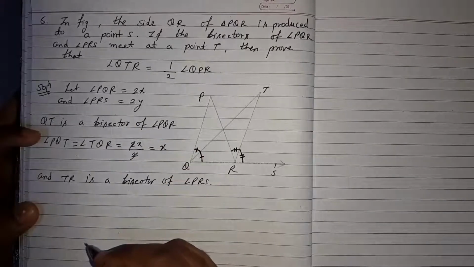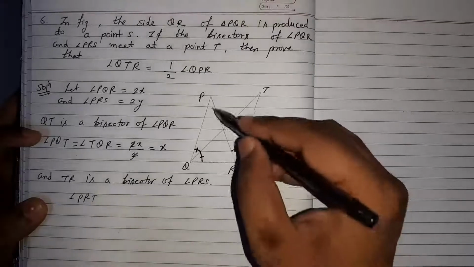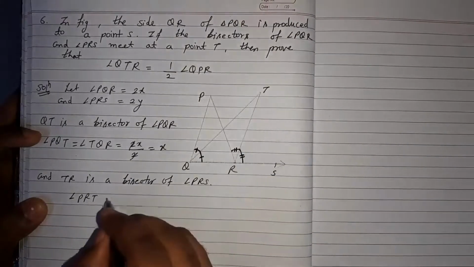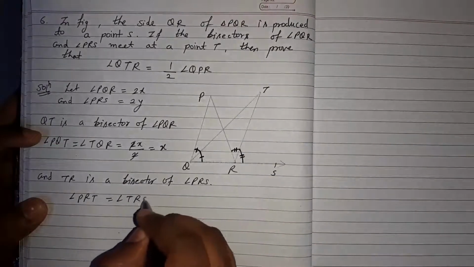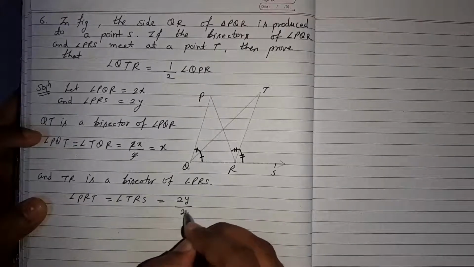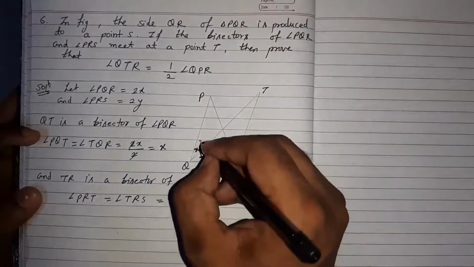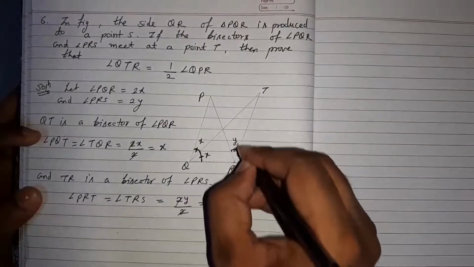The 2s cancel out, so it will be y. So these two angles are x and x, and these two angles are y and y.